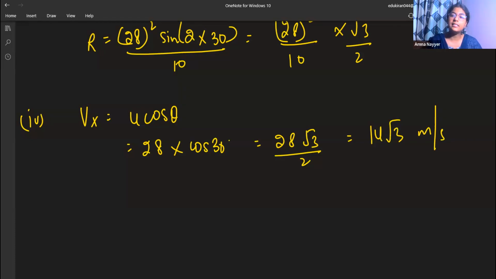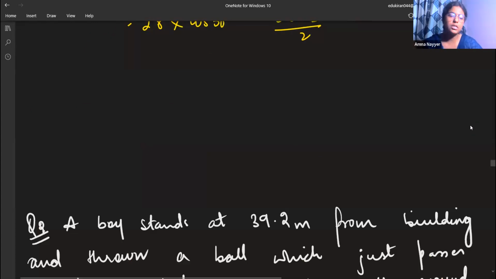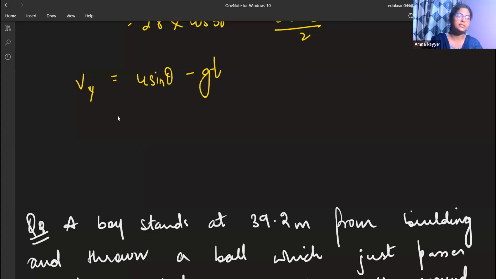And next, we have to find out the velocity along the y-axis, that is Vy. Vy is u sine theta minus gt. So u is 28, sine 30 degree will be half, minus g is 10, t is 2.8.